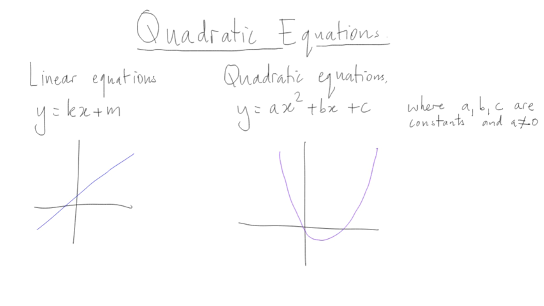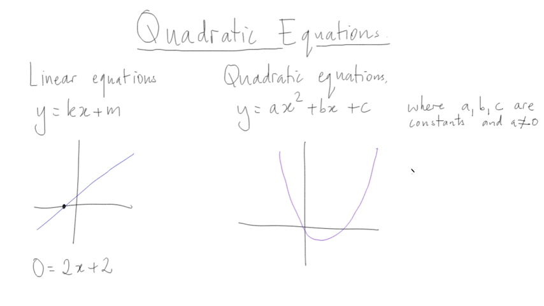And what are we actually doing when we're solving an equation like this? Well, for example, if I put the whole of this equal to 0, if I had, say, 0 equals 2x plus 2, then the solution of that equation tells me where the line goes through the x-axis.